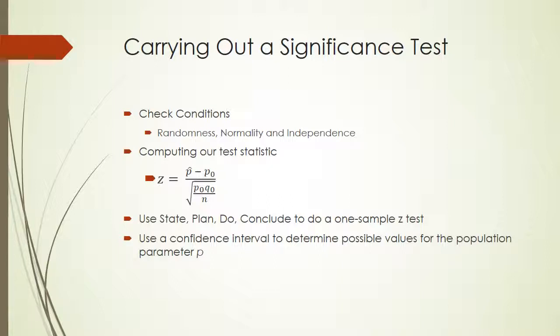And then using a one sample z-test, you can use your state, plan, do, and conclude method to answer the problem. You can also use a confidence interval if you want to determine a range of possible values for the parameter p.